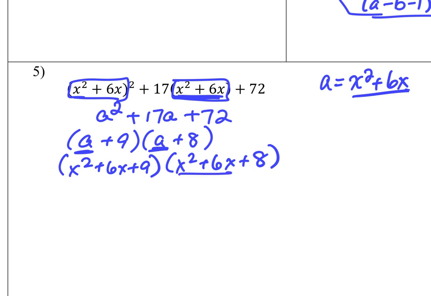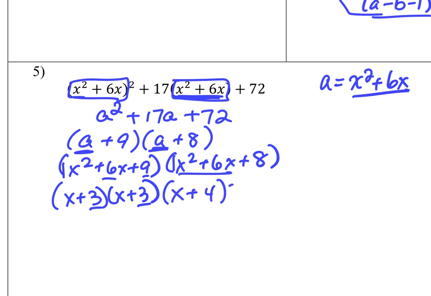And each of these are both nice AM method ones because the coefficient in front of the x squared is 1. So we can just do x plus 3, x plus 3. 3 times 3 is 9, 3 plus 3 is 6. And x plus 4, x plus 2. 4 times 2 is 8, 4 plus 2 is 6.